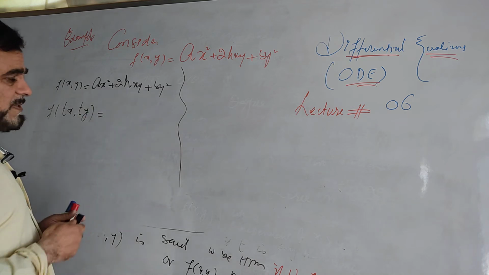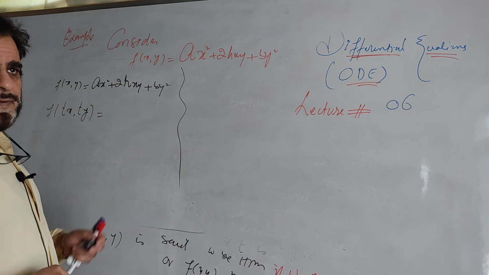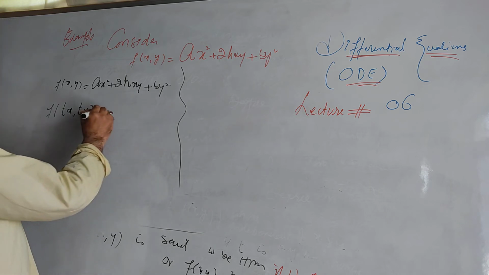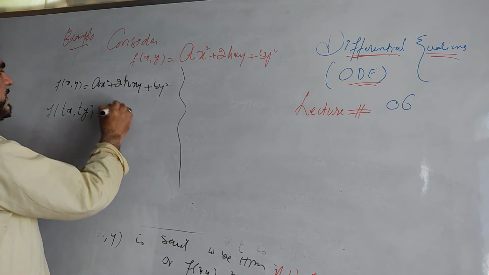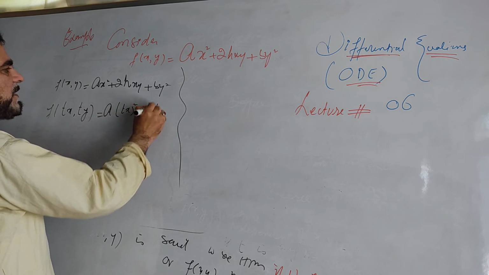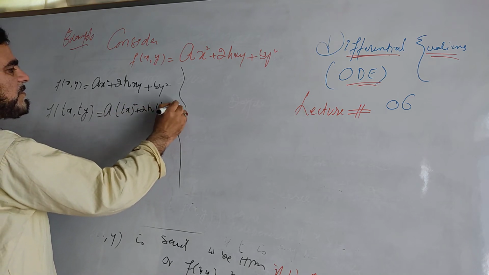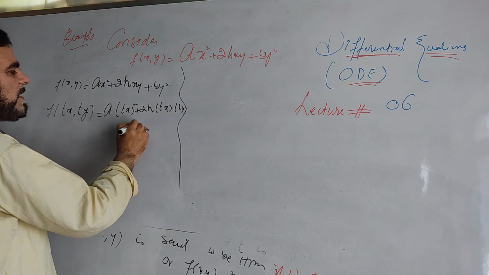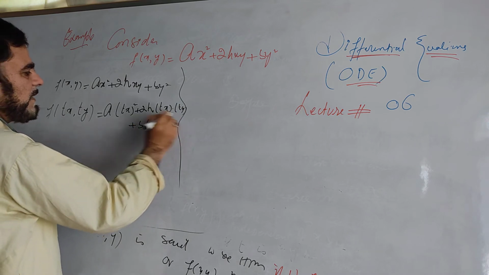This is a times tx square plus 2h times tx times ty plus b times ty square.